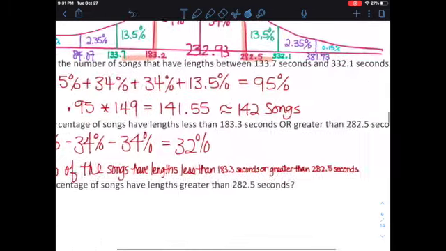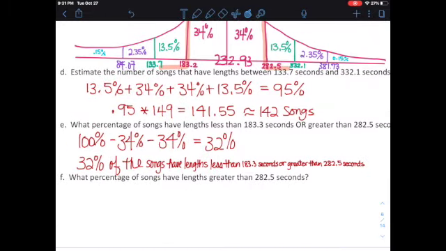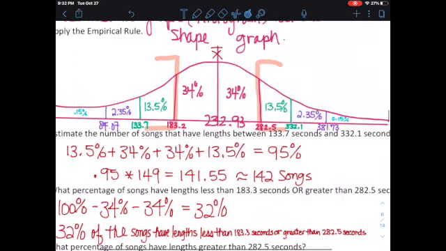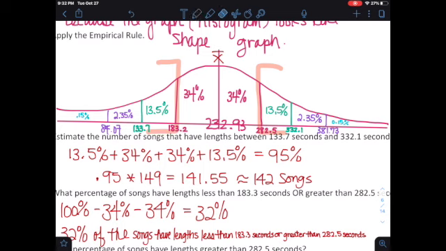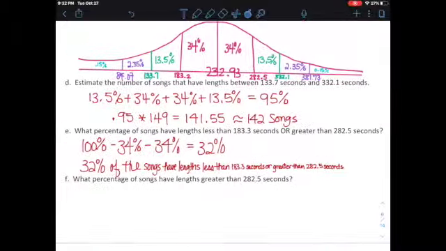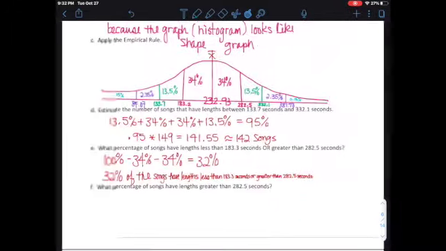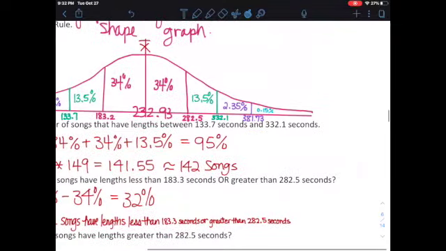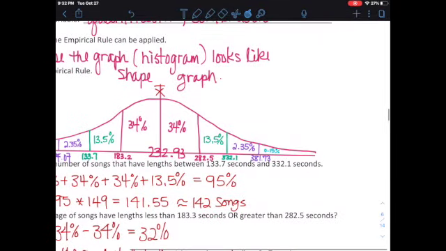All right, next one. F. What percentage of songs have length greater than 282.5 seconds? So let's take a look. Erase my orange marks. What percentage of songs have length greater than 282? So 282 is right here. That means longer songs.